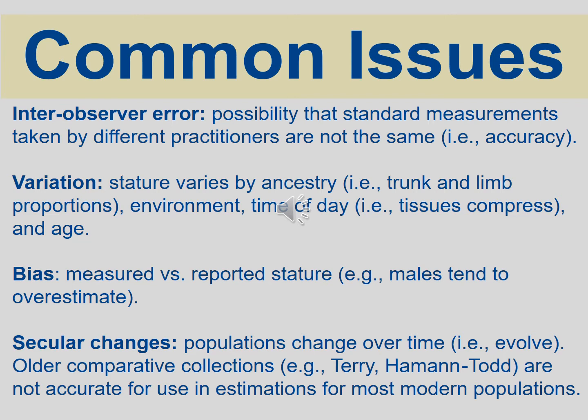We have separate equations for all ancestral groups that have been studied. We also know that the environment plays a role in living height, or the genetic potential to reach a maximum height, we would think.